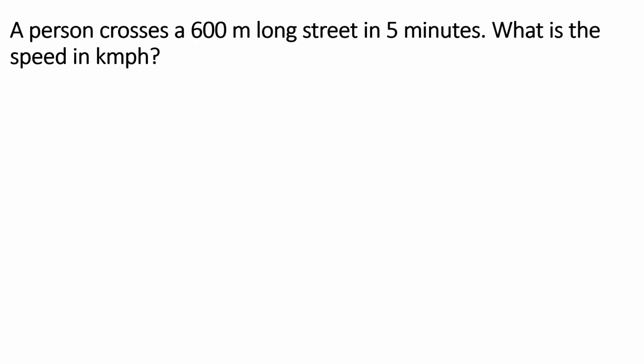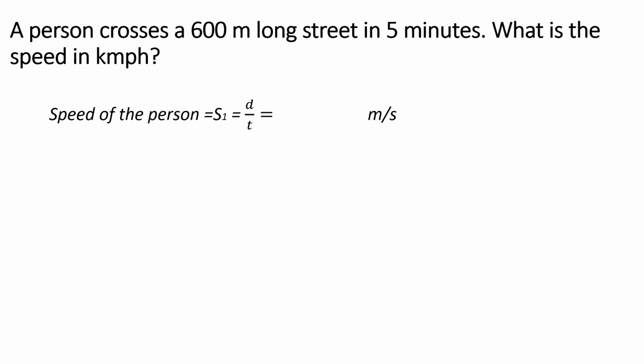Starting with: a person crosses a 600-meter long street in 5 minutes. What is the speed in kilometer per hour? You have to convert the speed into kilometer per hour here, as the values are in terms of meters and minutes. Speed of the person S1 is equal to distance divided by time.